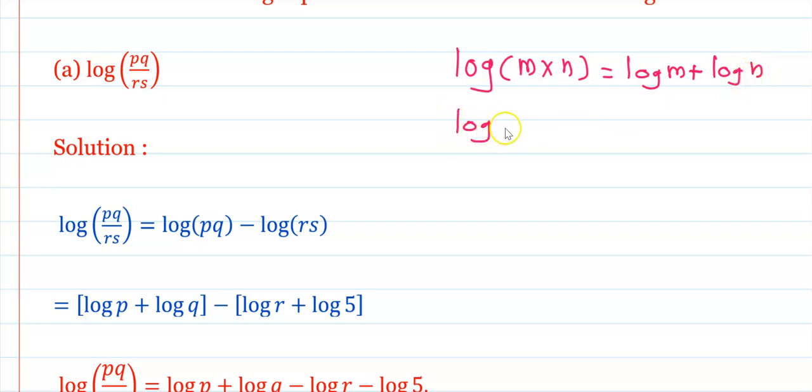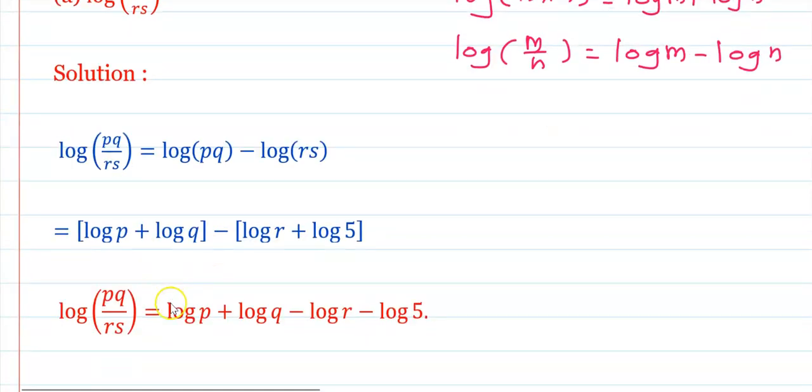Log of m upon n is equals to log of m minus log of n, in this way. Similarly here, log of pq upon rs is equals to log of pq minus log of rs. Log of pq means what? Log of p plus log of q, minus log of r plus log of s. This is the rule.